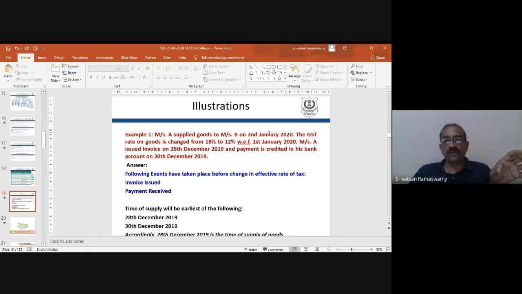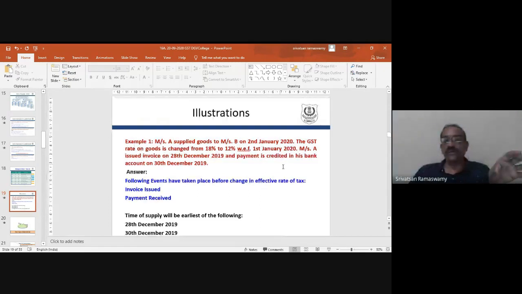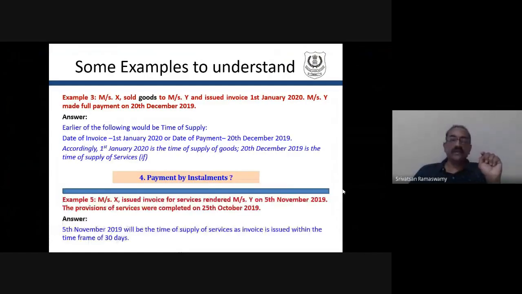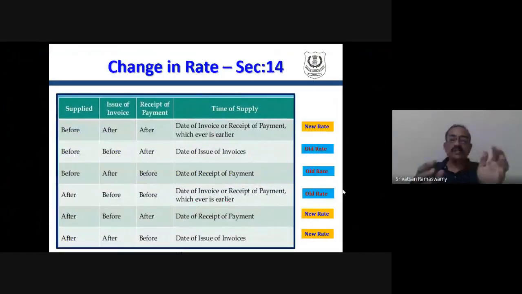So now I will go to the table here so that you will be able to appreciate how the scheme actually works. You can see the table here. There are 3 events which will help you to decide whether you have to adopt the new rate or old rate. The rule of thumb is from among the 3 events, that is the date on which it is actually supplied, the date of issuance of invoice, or the receipt of payment, the majority event will decide the time of supply.